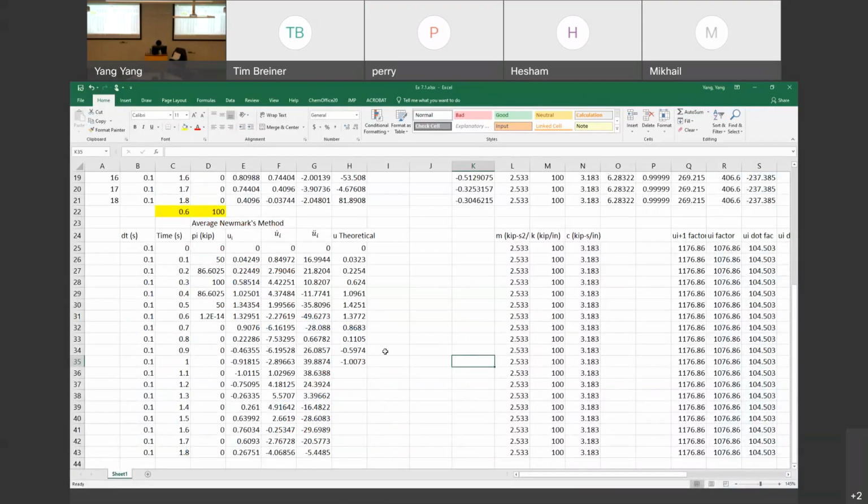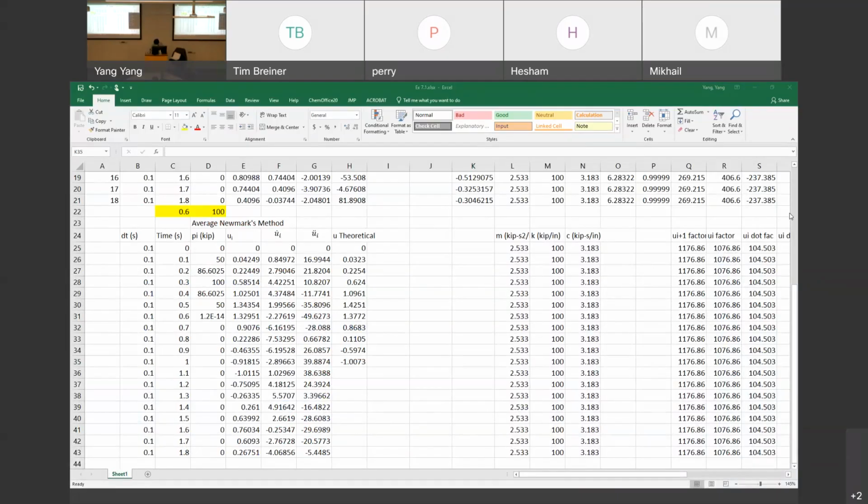Online students, can you see the spreadsheet on your screen now? Yes, I can see it.